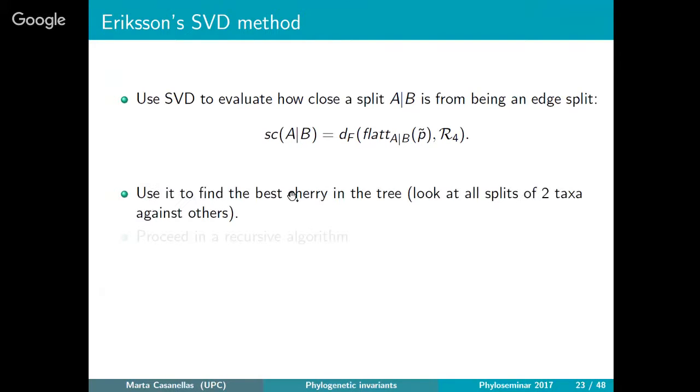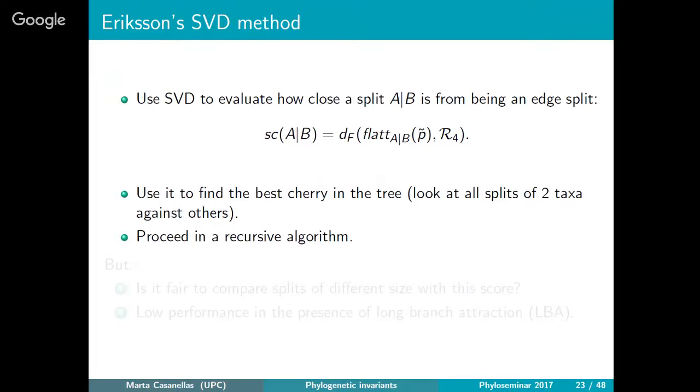Okay? And then he tried to use this score to find first the best cherry in the tree, so looking at bipartitions of 2 leaves against the others, and then proceeding in a recursive algorithm. Once you have the first cherry, you join these 2 sequences, and you always treat them together, and then you add more sequences, and, like a greedy algorithm, you obtain a tree.